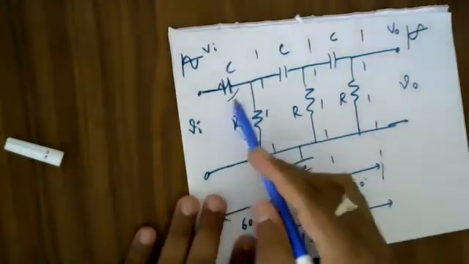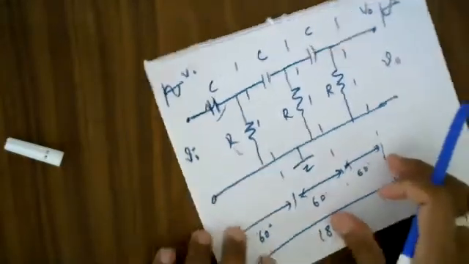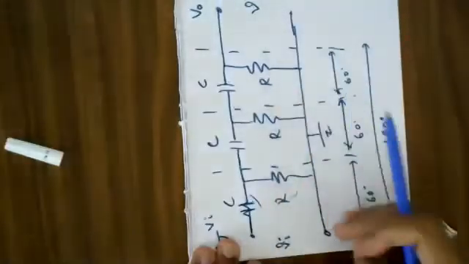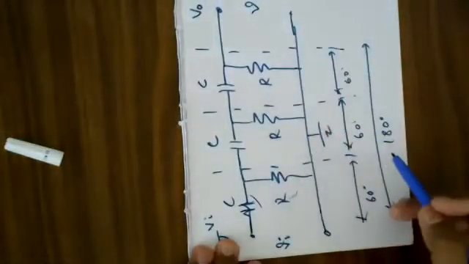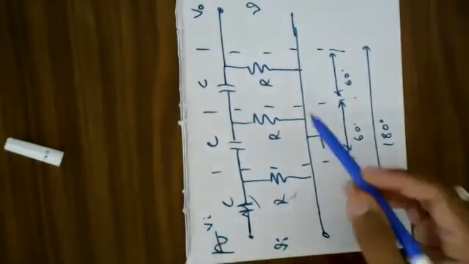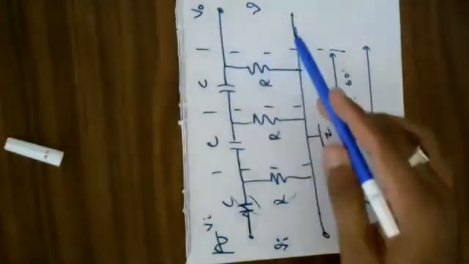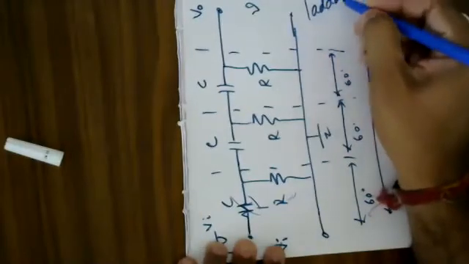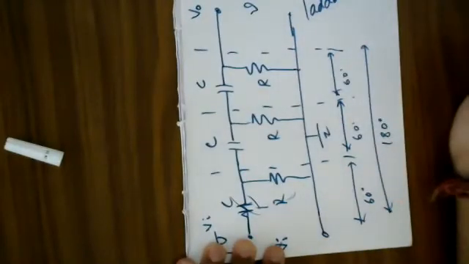Because of its structure, if I keep this paper like this, how are you able to see this circuit? How is the appearance of this circuit? The appearance of the circuit is like a ladder, right?